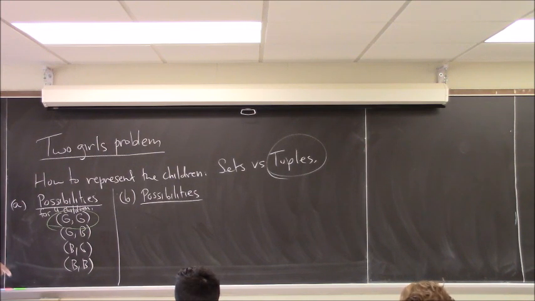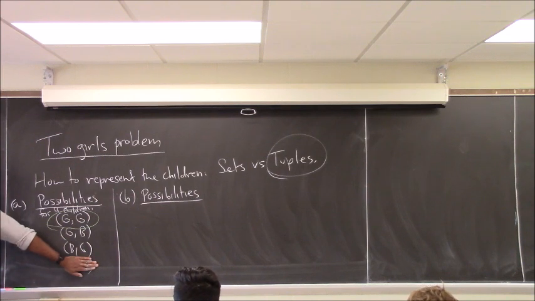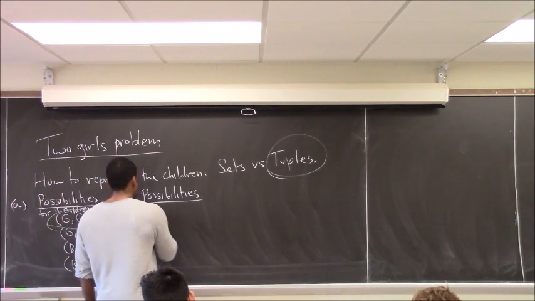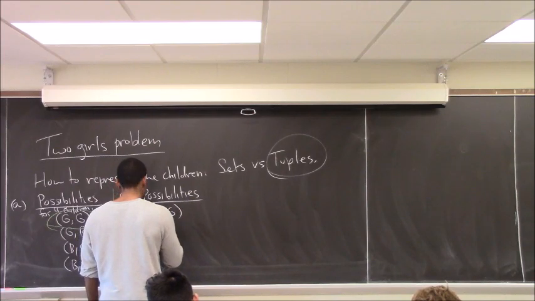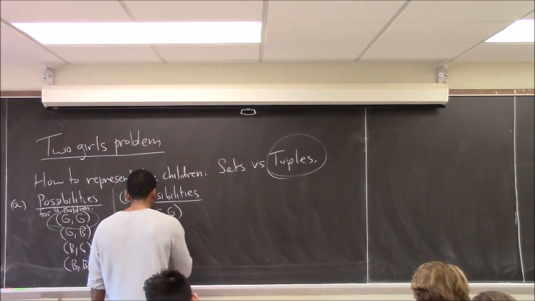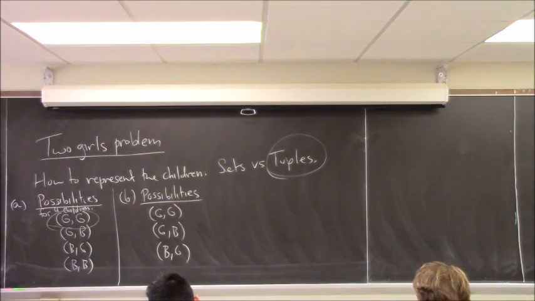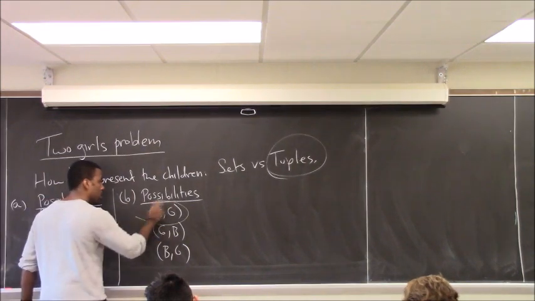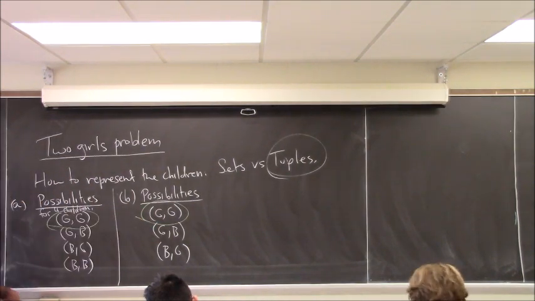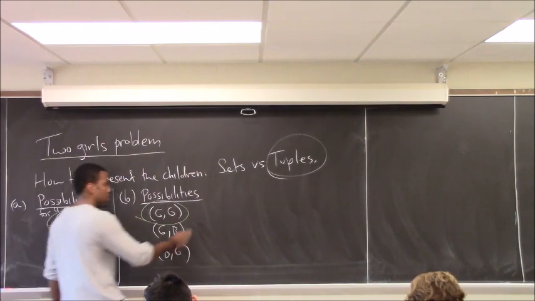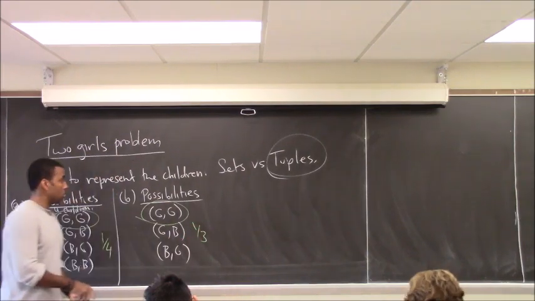One is definitely a girl, which means boy, boy is no longer in the realm of possibilities. Right now, you have 3 possible scenarios. How many of those possibilities has 2 girls? Well, 1 out of the 3. So the probability here was 1/4. The probability here is 1/3. Okay?